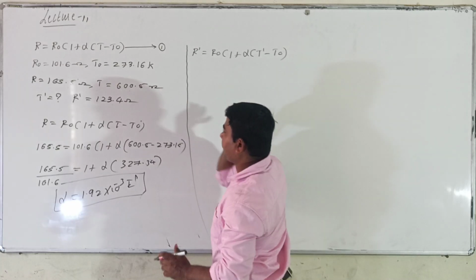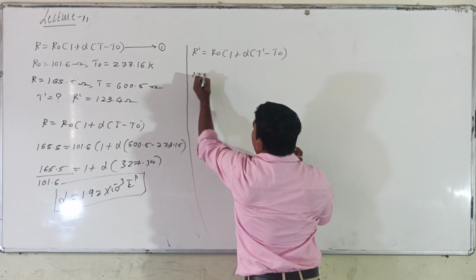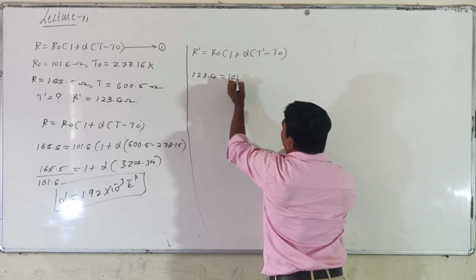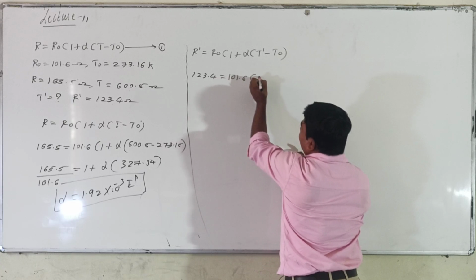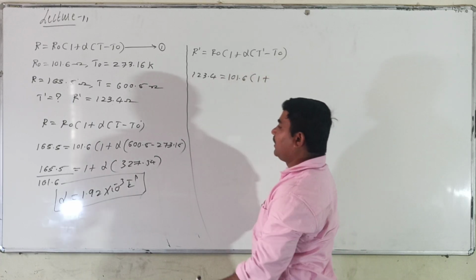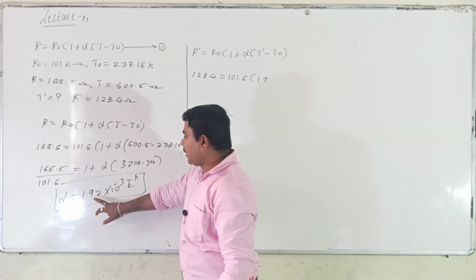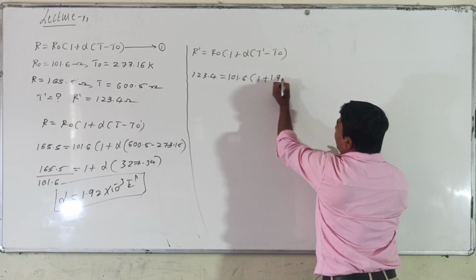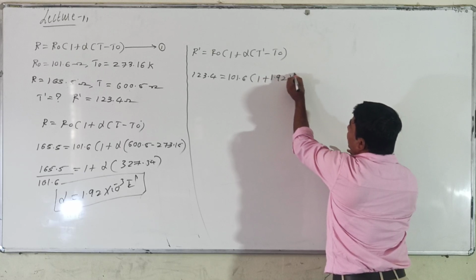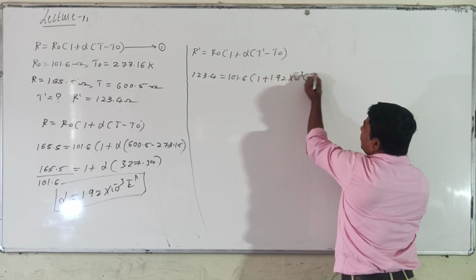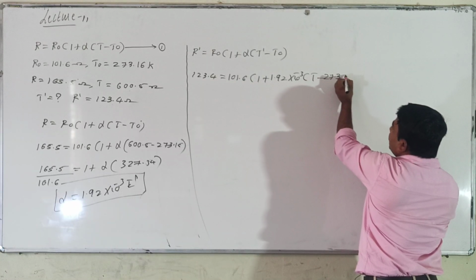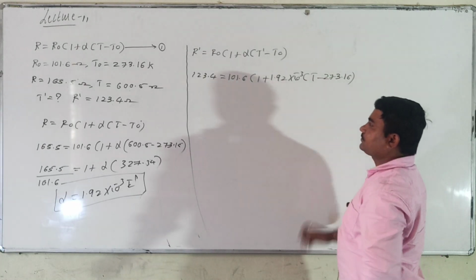R dash given already. How much R dash? 123.4. R naught already is there, 101.6 into bracket 1 plus alpha. Alpha already is there, 1.92 into 10 raised to minus 3, into bracket T minus T naught, how much? 273.16.